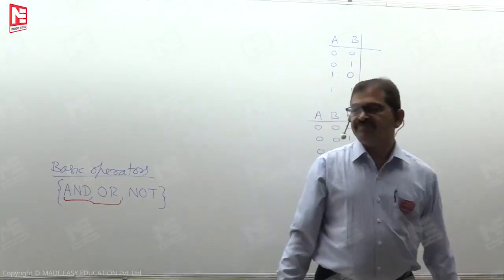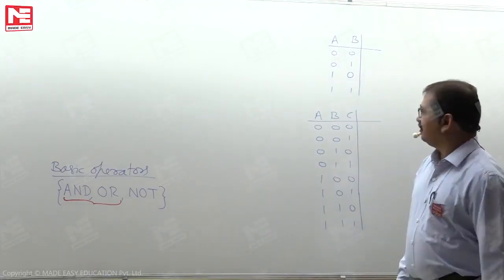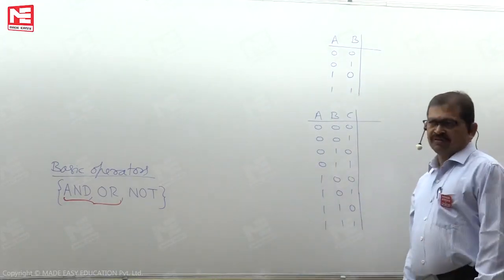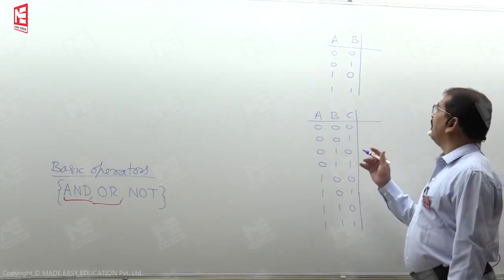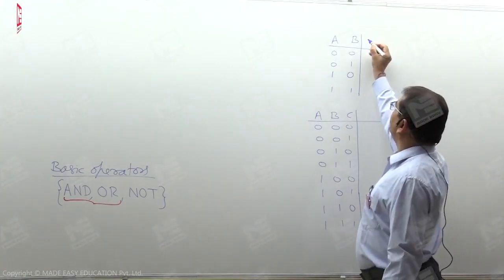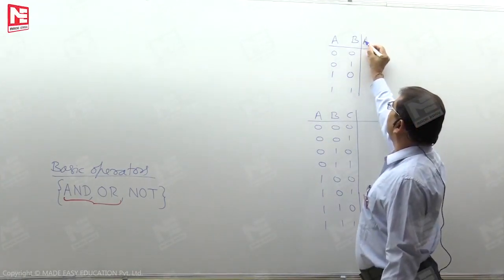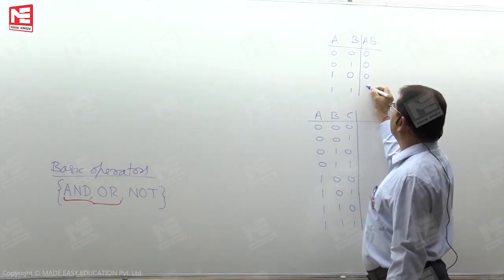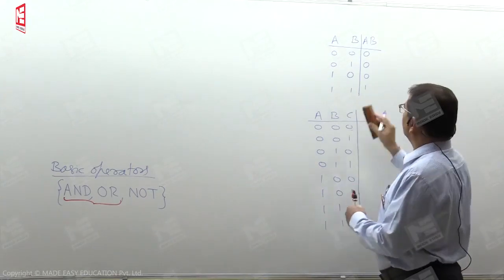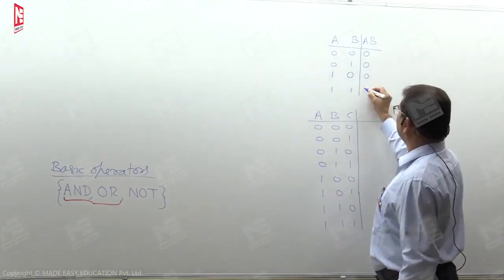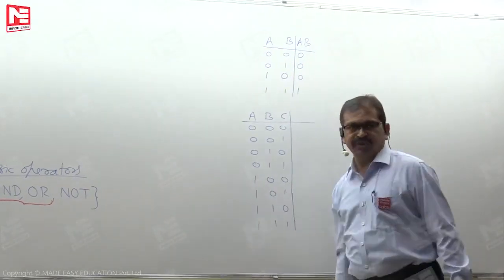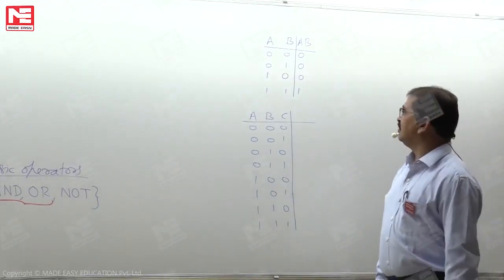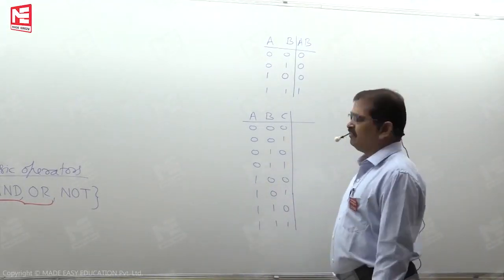With the known result of the AND operation, it is possible to find the result of the NAND operation. For AND on two variables, except the last row, for the remaining rows the result is 0, whereas for the last row the result is 1.